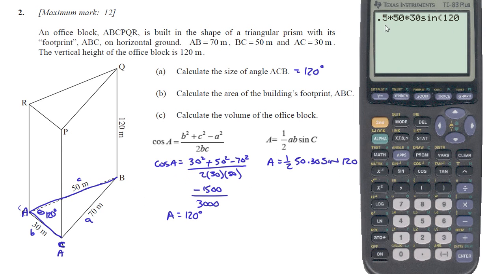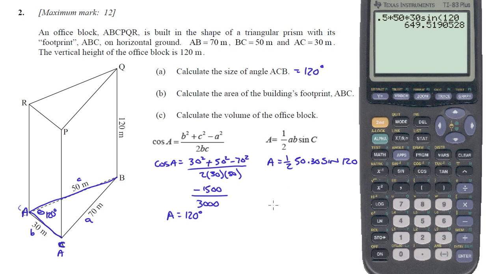Okay? And so here's our calculator. We're in degrees mode, so we're okay. We push enter, and we get the area at 649.519. Since these are all given to 3 significant digits, we should round our answer to 650.